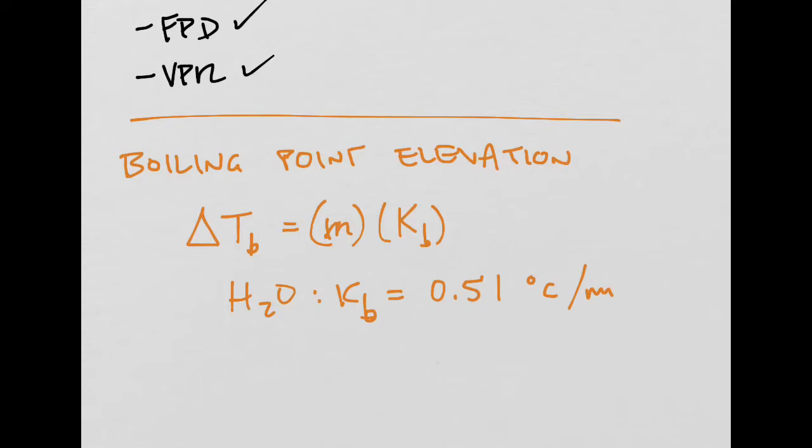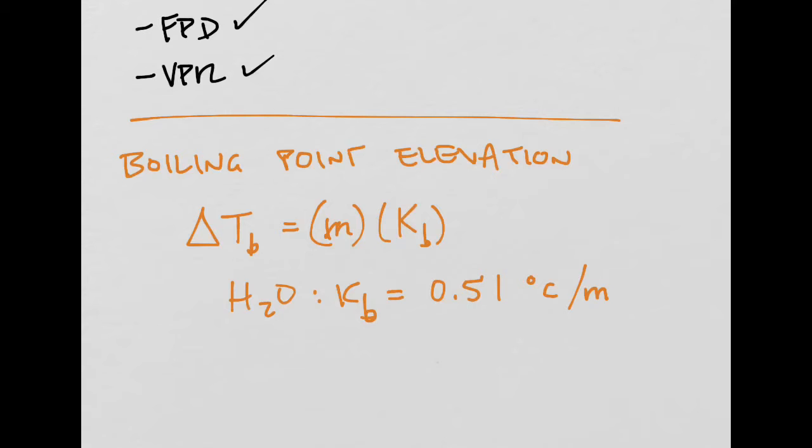Those units are important for you to keep in your brain because obviously if you're going to be multiplying this K sub B by molality, then the thing that you're going to be left with is the degrees C, and that's going to be the change in the boiling point temperature from the solvent by itself.